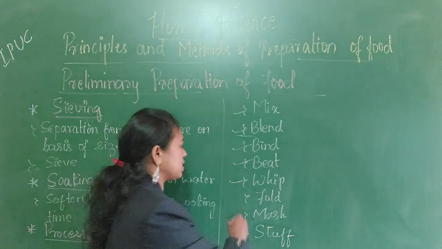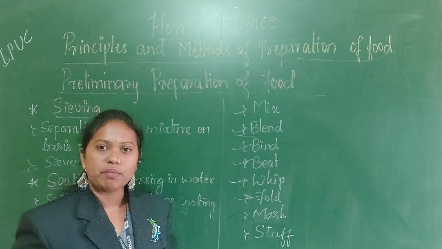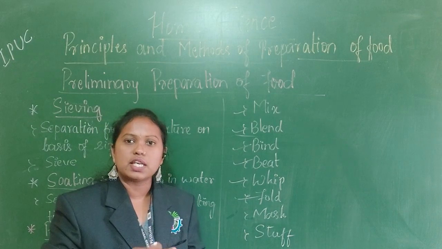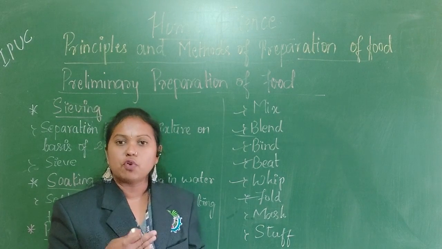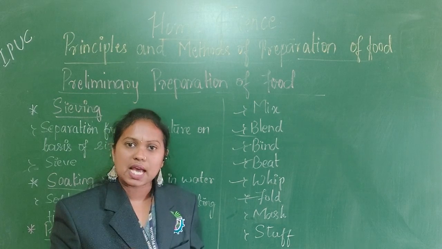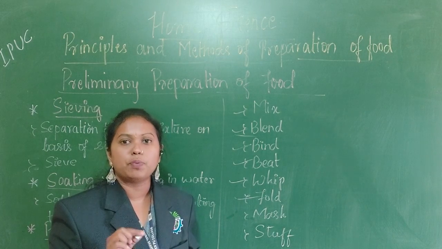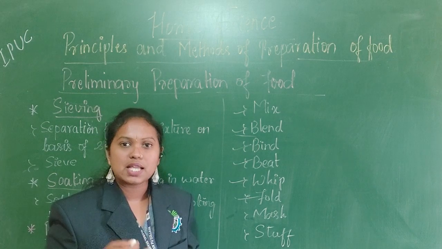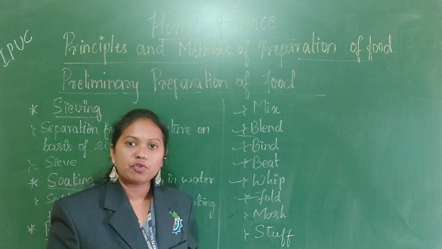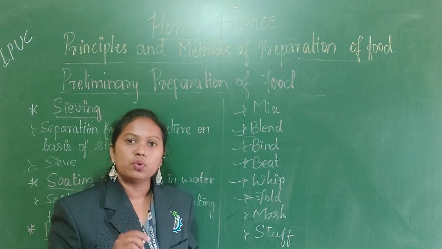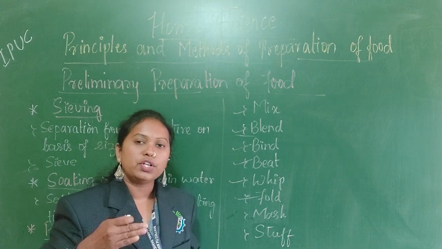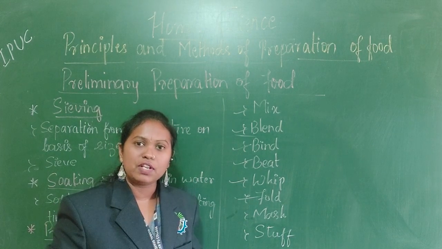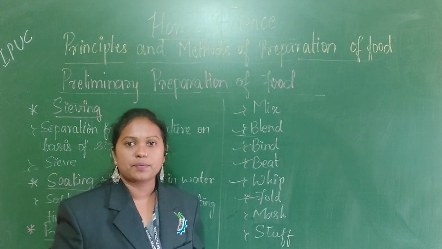The next one is fold. Fold means the light mixing by gently turning one over the other. Folding is a very precise term in food processing. It means that you have to carefully combine two mixtures of different thickness into one relatively smooth mixture.